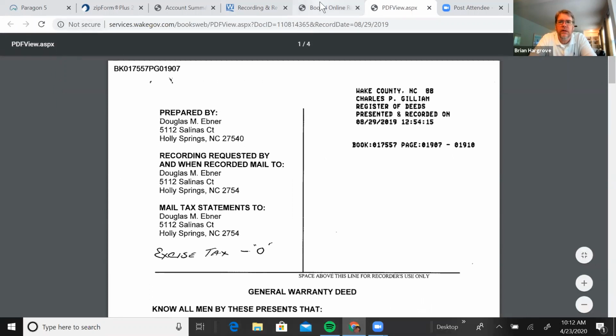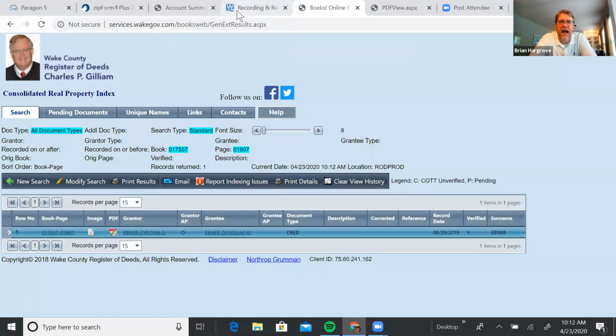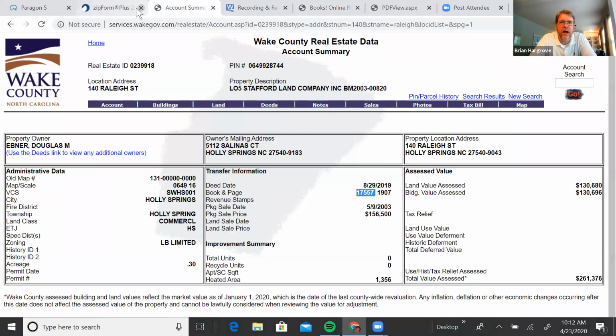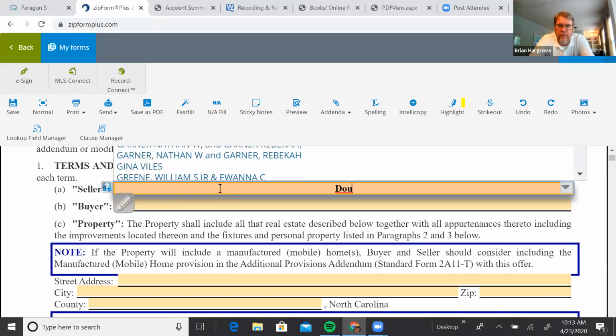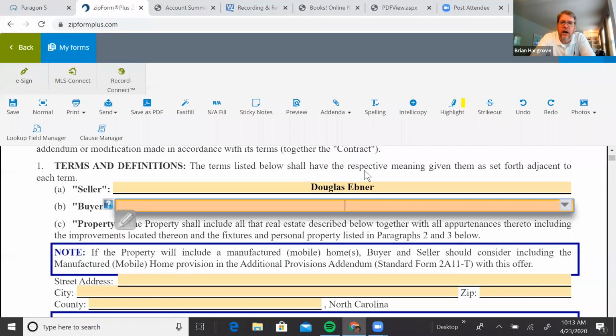So once I have that, I can go back to my offer and put in the name of the owner for the seller.